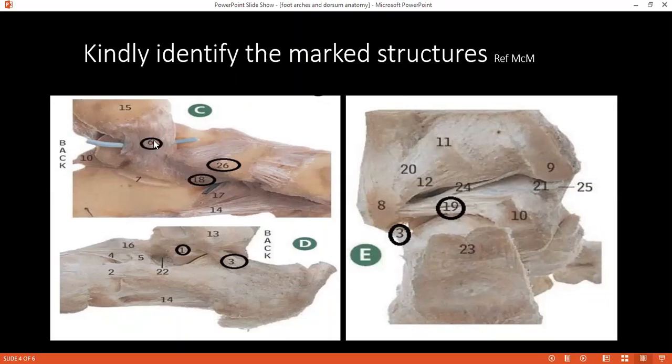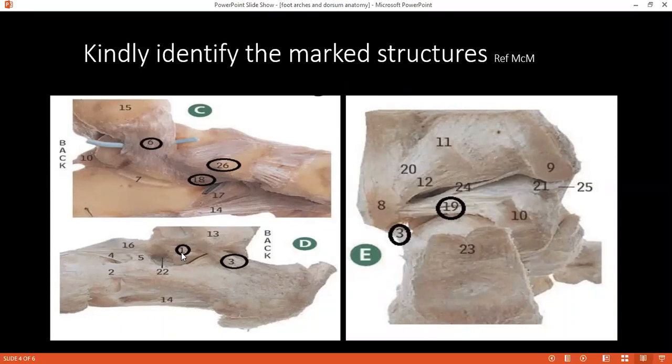Can you identify structure 6 in picture C, please? It's the deltoid ligament. Okay. 26, please. It's a navicular tuberosity. 18, please, in picture C. Spring ligament. Okay. Right. Can you also identify in picture D, 1?